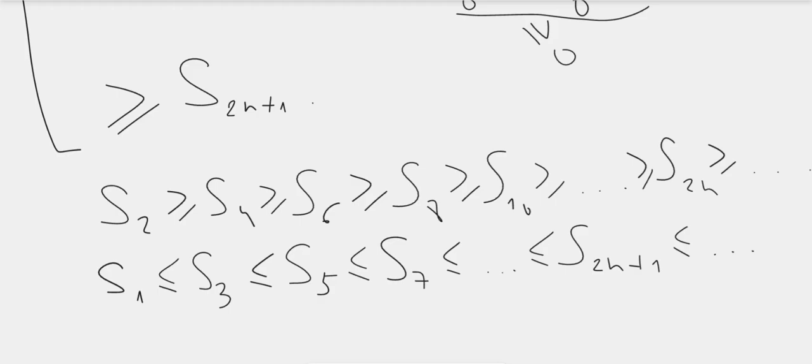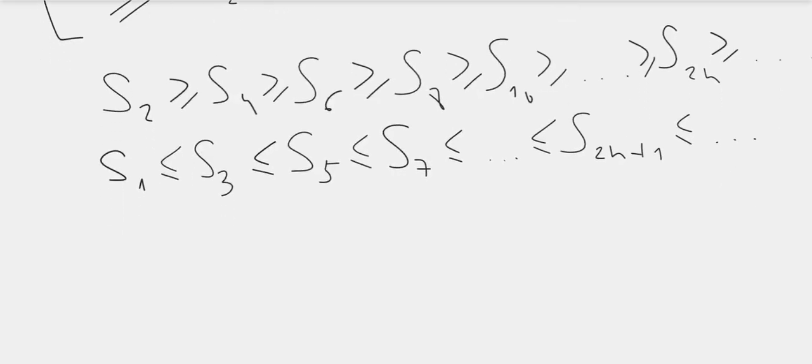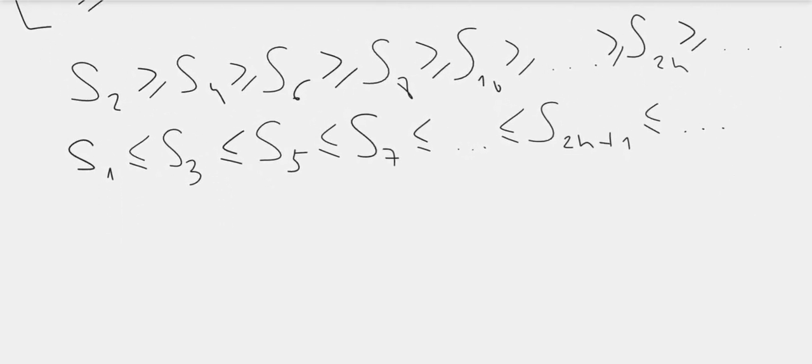So we have these two sequences of partial sums. One of them is increasing, another one is decreasing, and we know that they're bounded.